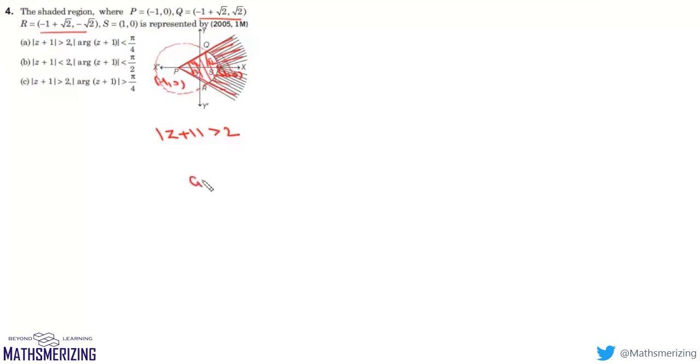So this is given by argument of z minus z0, and z0 here is minus 1. So argument of z plus 1 should be greater than or equal to minus pi by 4 but less than or equal to pi by 4. Or we can write mod of argument of z plus 1 is less than or equal to pi by 4. And that is the answer to this question.